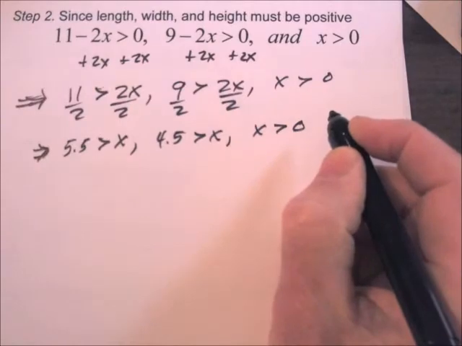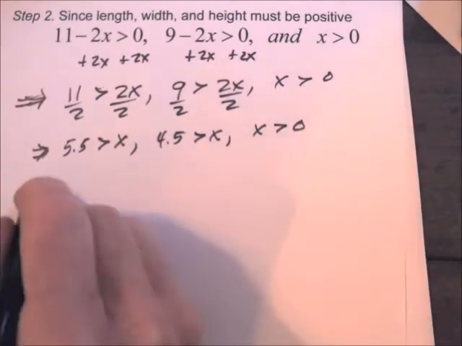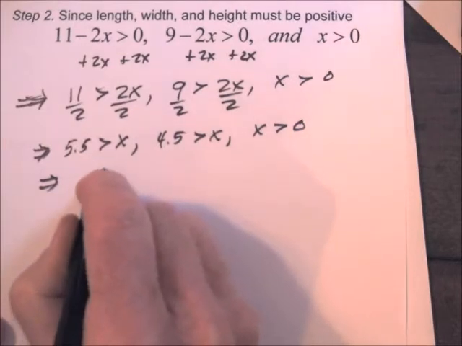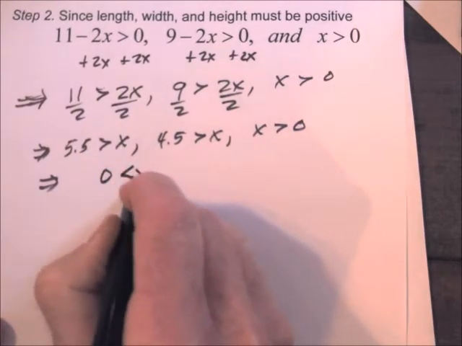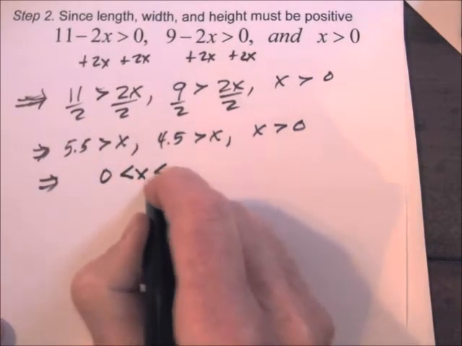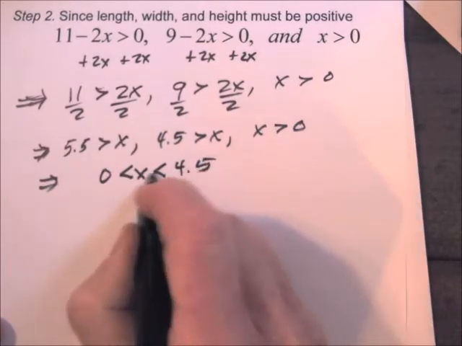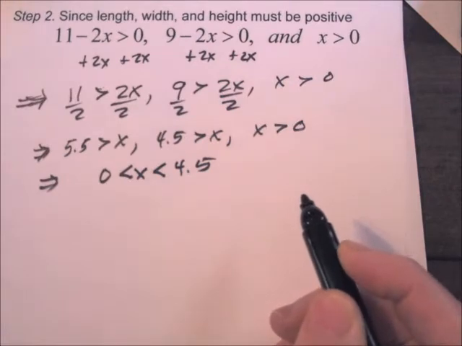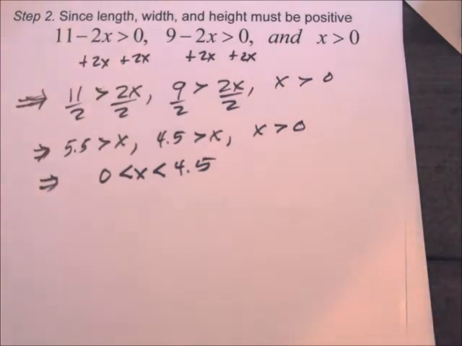So that means that x has to be between 0 and 4.5. So we can write this as 0 less than x less than 4.5. So x less than 4.5 is the same as 4.5 is greater than x. That's an equivalent statement. So that tells us that x is between 0 and 4.5.